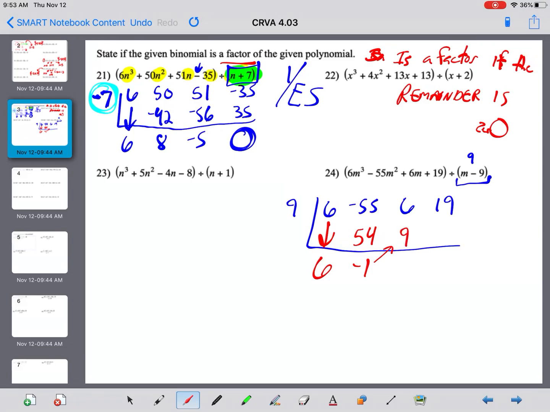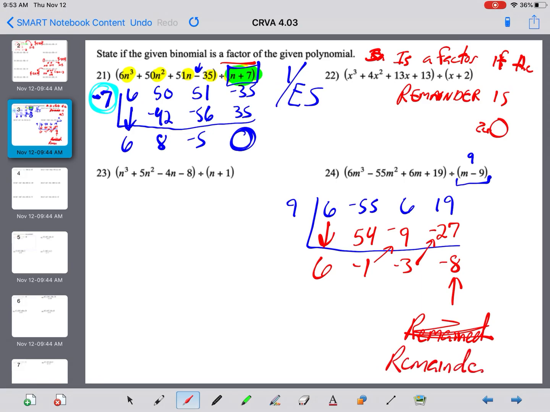Multiply. -1 times 9. Oops, it's -9. Multiply. Oh no, and now when I add, I get -8. This is my remainder, folks. I missed a letter there. Remainder. And it's not 0.